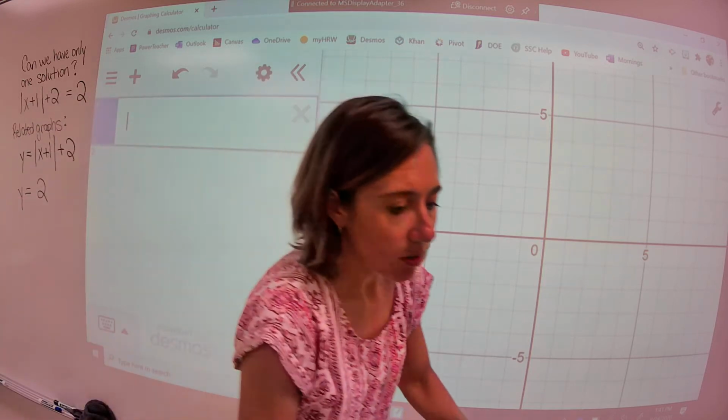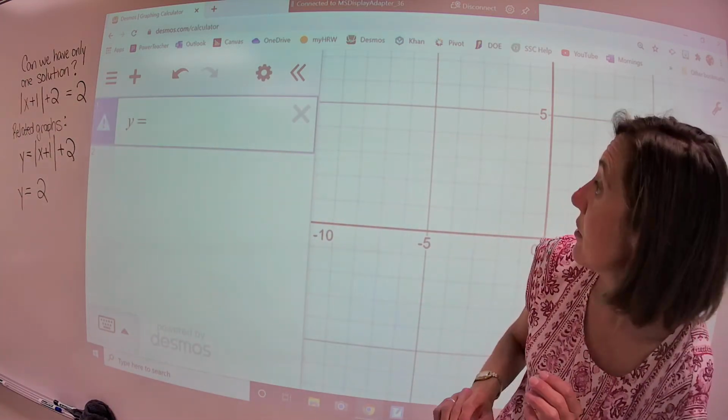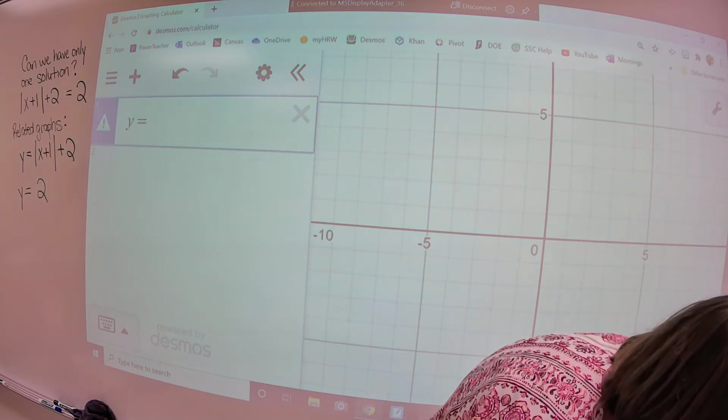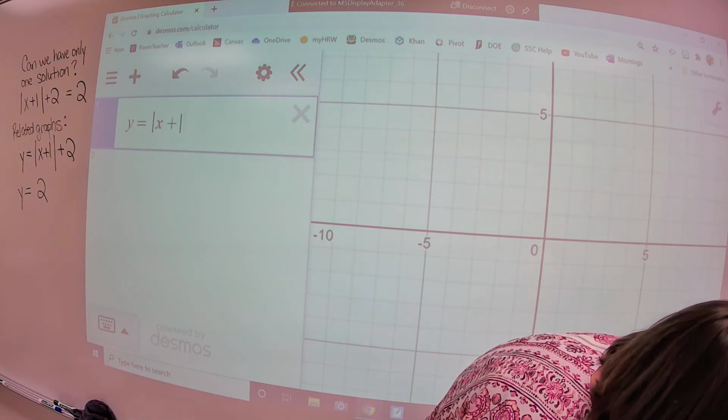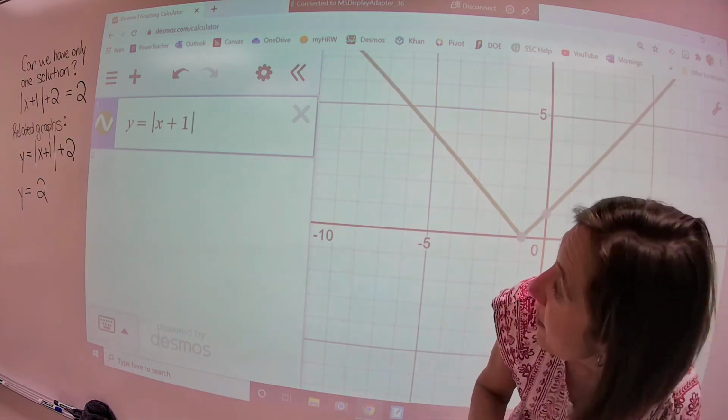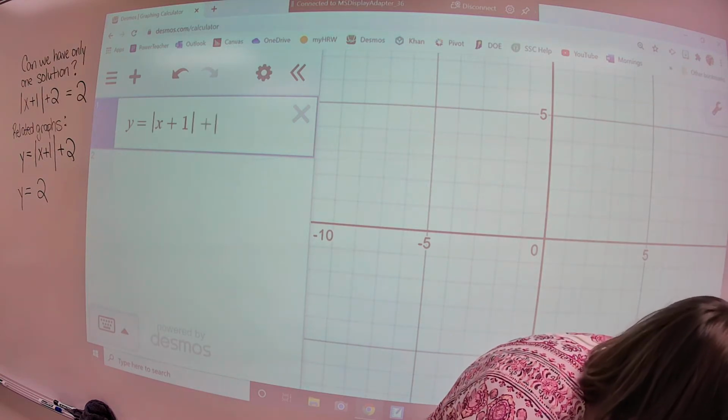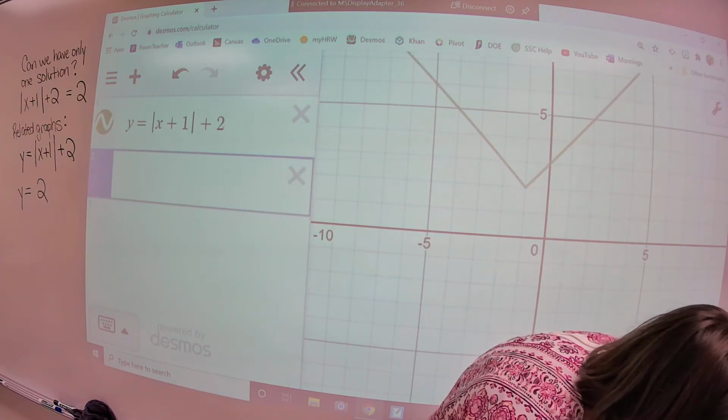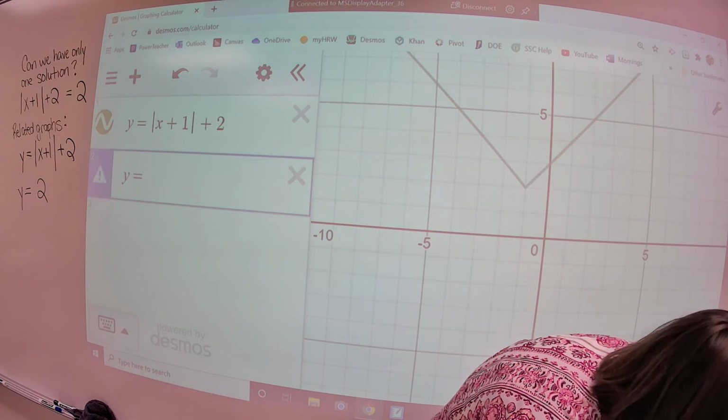So let's see what this will look like. Y equals the absolute value of x plus 1, plus 2. And then our second one is going to be y equals 2.